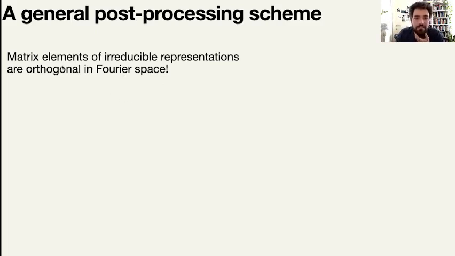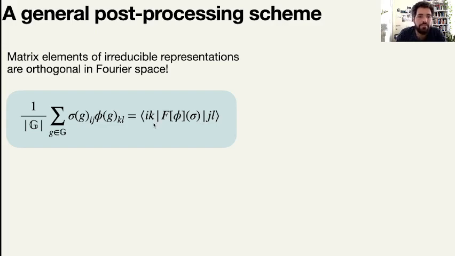And it turns out that matrix elements of irreducible representations precisely form an orthonormal basis for this Fourier space, which means that with respect to a sum over the group inner product, if you take an average over the group and take some element of your implementation map and correlate it, you take the inner product with some element of an irreducible representation, you get the Fourier transform evaluated precisely at that irreducible representation, which means you exactly isolate one of these projectors or everything close to it, which means you isolate a single exponential decay.